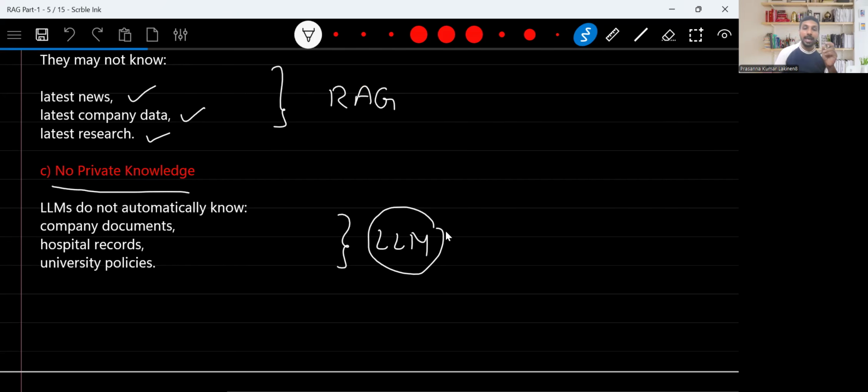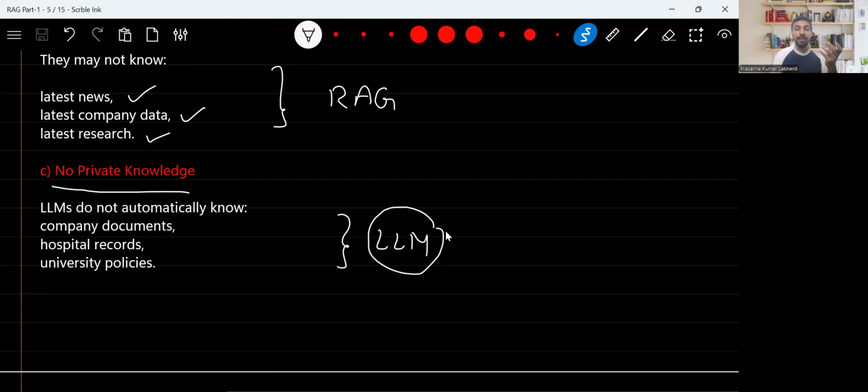We are training the LLMs with the publicly available data. We are training all LLM models with the publicly available documents. But no company will give their private information publicly to train into the LLM. Suppose I want to know the HR policy, the leave policy of a particular company.